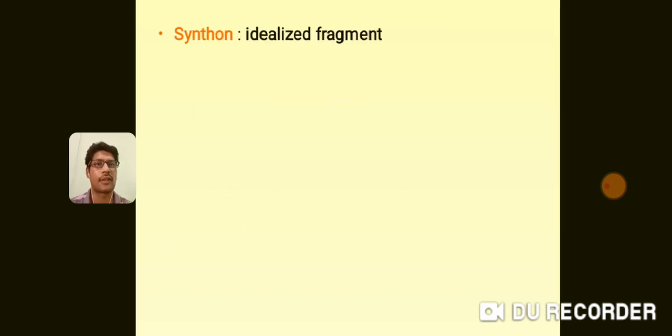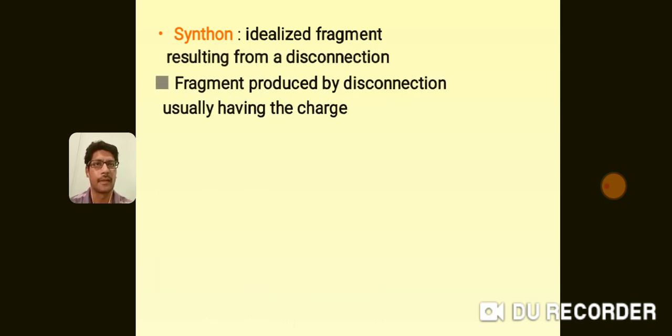What is a synthon now? It is an idealized fragment resulting from disconnection, a fragment produced by disconnection, usually having a charge. Actually, the synthon is not a real species because it has a charge, and we have to get the synthetic equivalent.